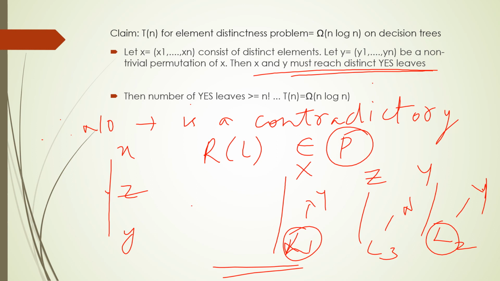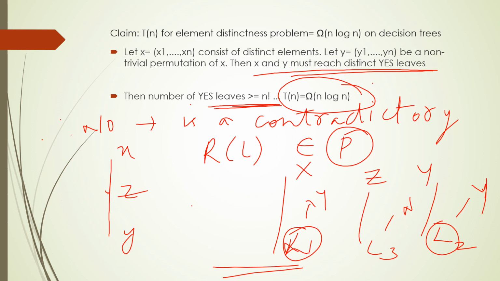So the number of leaves is therefore equal to n factorial. That is, T of n becomes omega of n log n. So that is our proof, guys.